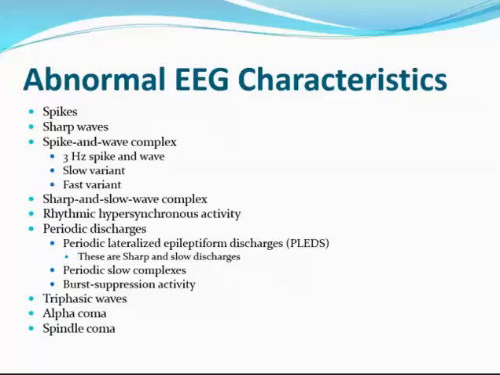You can also see sharp and slow wave complex, rhythmic hypersynchronous activity, and periodic discharges, for example, periodic lateralized epileptiform discharges, or PLEDs. These are sharp and slow discharges. Also periodic slow complexes, burst suppression activity, triphasic waves, alpha coma, spindle coma. These are characteristics of abnormal EEG.